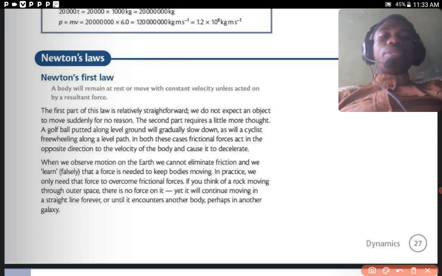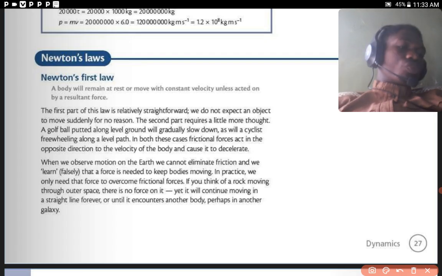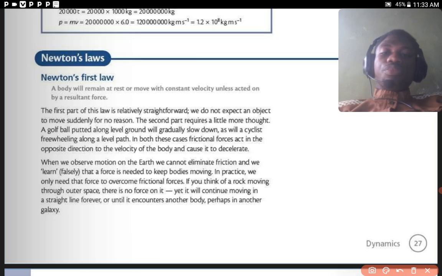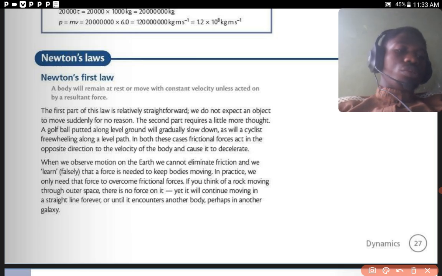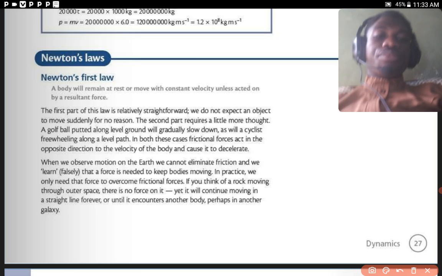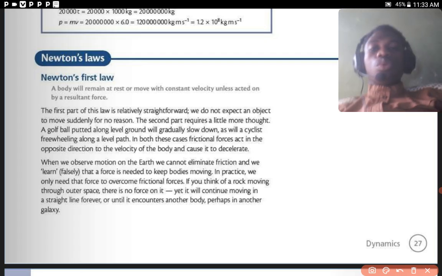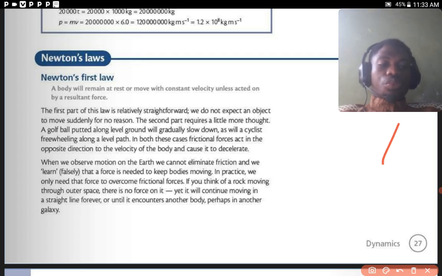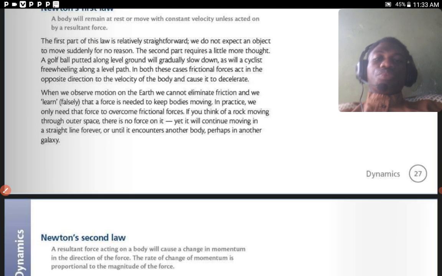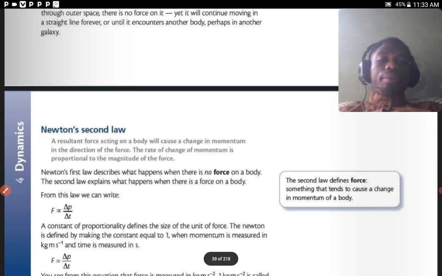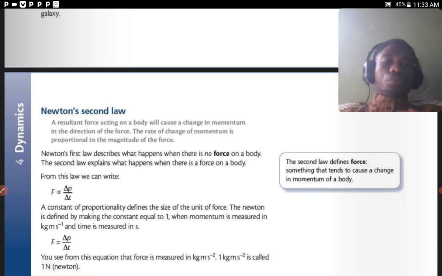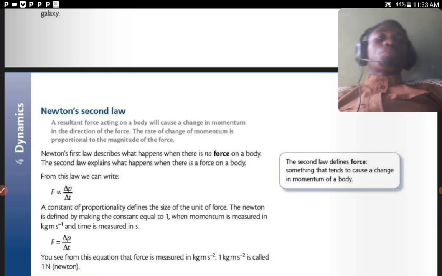Now, ladies and gentlemen, after looking at this law, we should go ahead to law 2. Newton's second law is the rate of change of momentum.